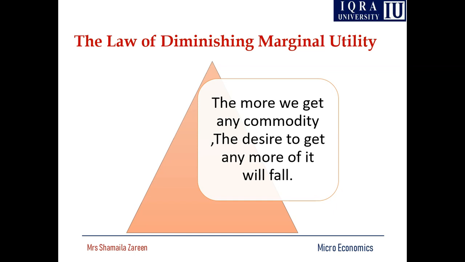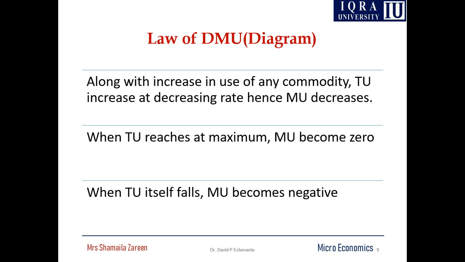Regarding the concept of marginal utility, there is the law of diminishing marginal utility. According to this concept, the more we get of any commodity, the desire to get any more of it will fall. You have to keep in mind these 3 points.